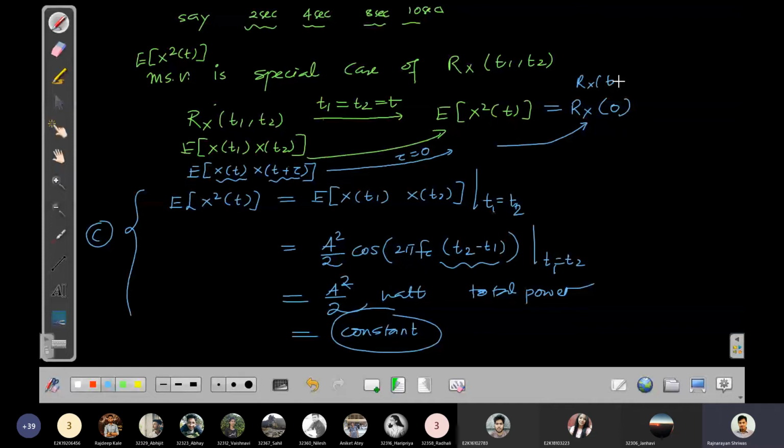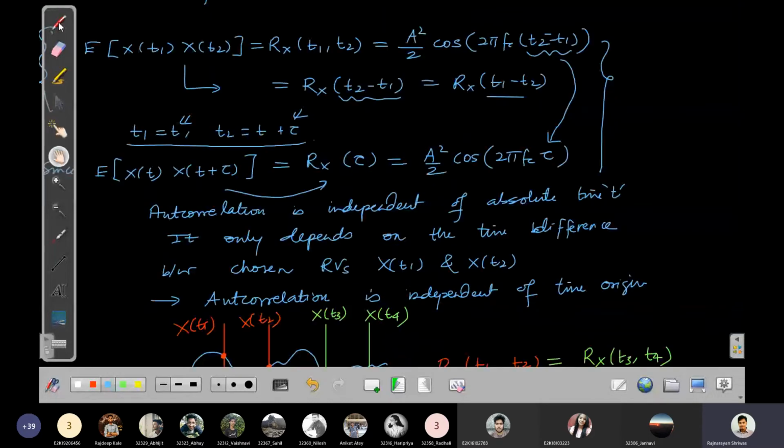So Rx(tau) at tau equal to 0, Rx(0) of a WSS process will give you the mean square value. So if you plug tau equal to 0, it will be A squared by 2. T1 equal to T2 means tau equal to 0. I hope this is making sense. So when tau equal to 0, you get the mean square value.